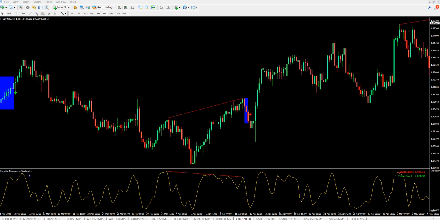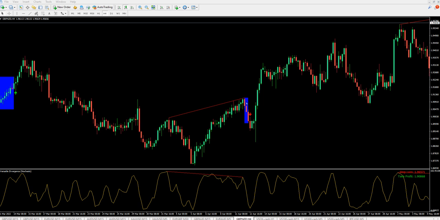For this example, I've got the stochastic pulled up. As we can see here, price makes a higher high, whereas the indicator does not make that higher high. It makes a lower high. So it's saying price is wanting to go bearish.